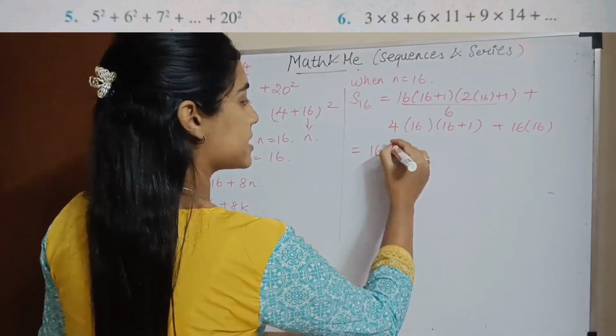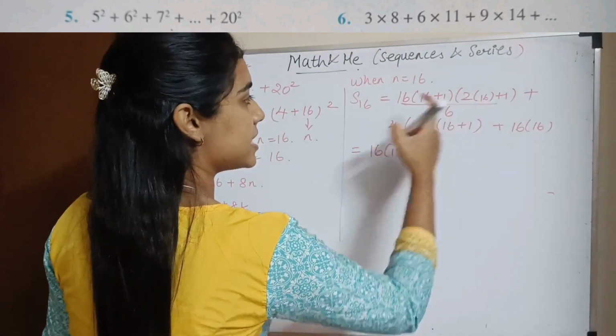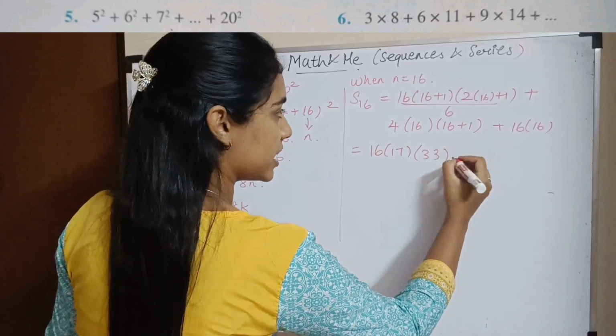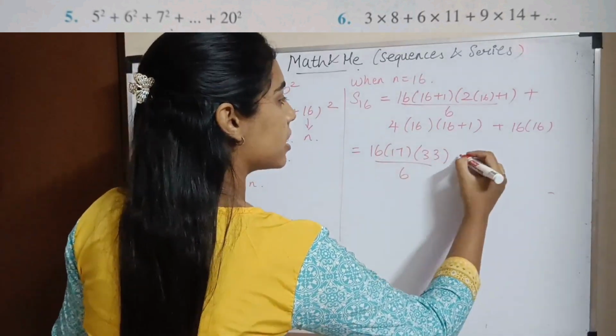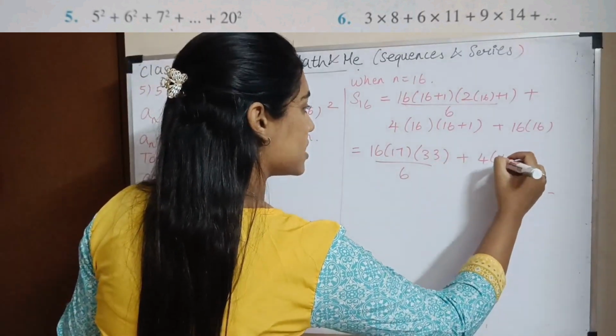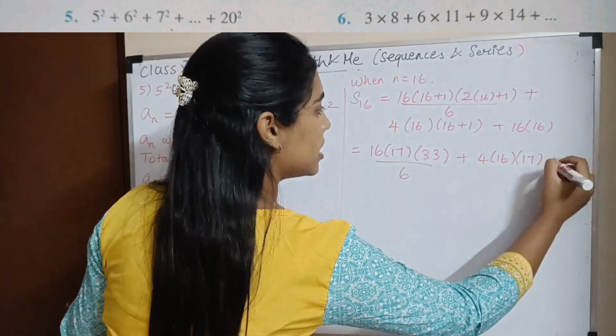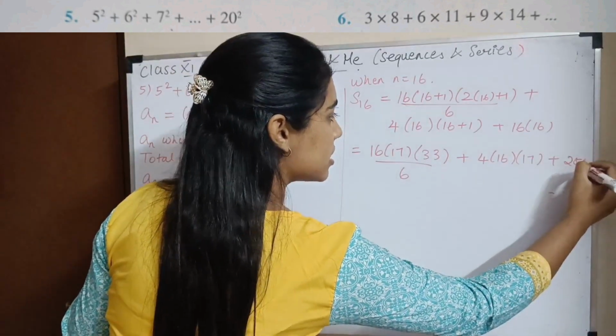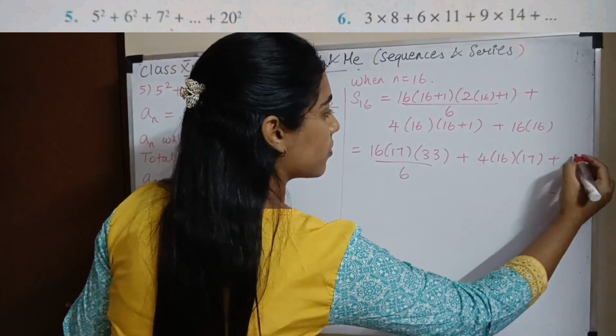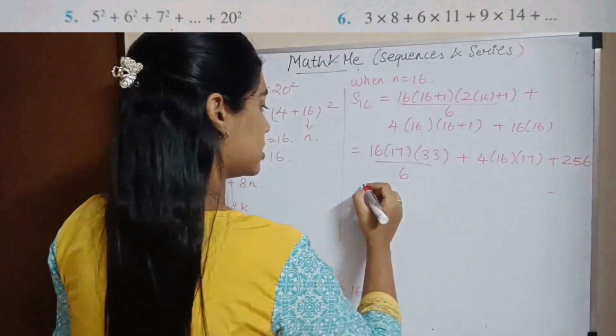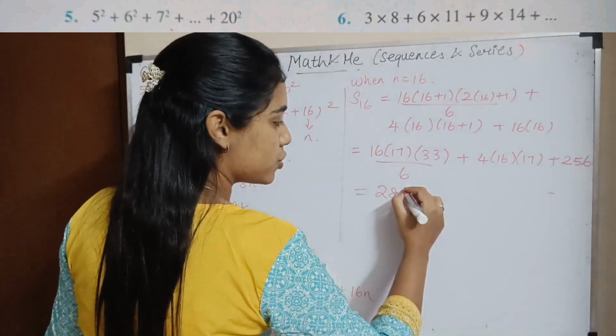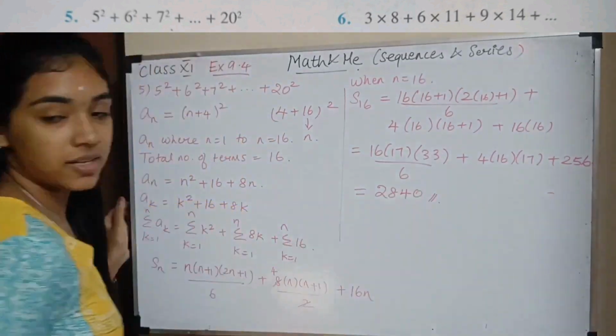So I have 16 times 17, 16 2 is 32, times 33 divided by 6 plus 4 times 16 times 17 plus 16 times 16 is 256. Final answer when you solve this is 2840. That is my final answer.